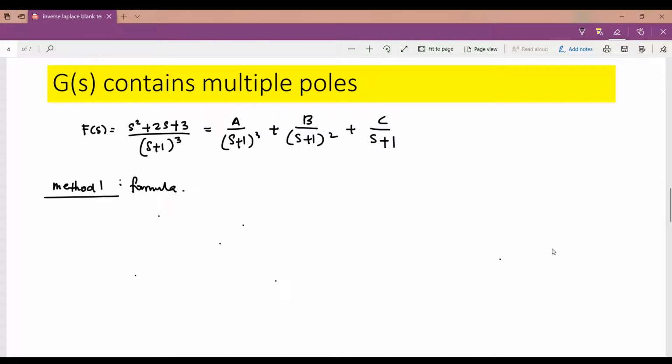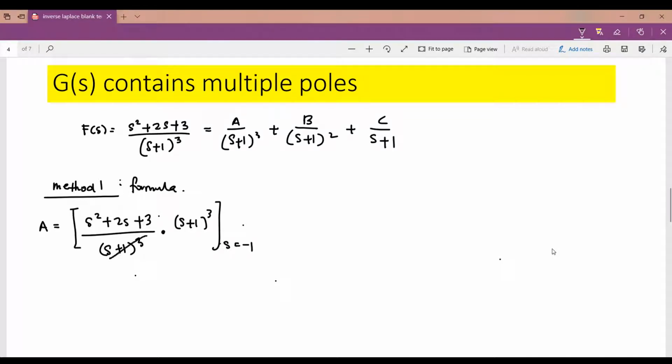To solve the unknown numerators A, B, and C, of course, there is a formula for that. So to find A, you copy s square plus 2s plus 3 over s plus 1 cube, and then multiply with the denominator of A, which is s plus 1 cube, and then the root is -1.